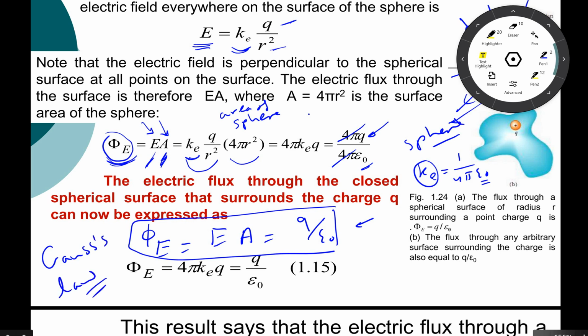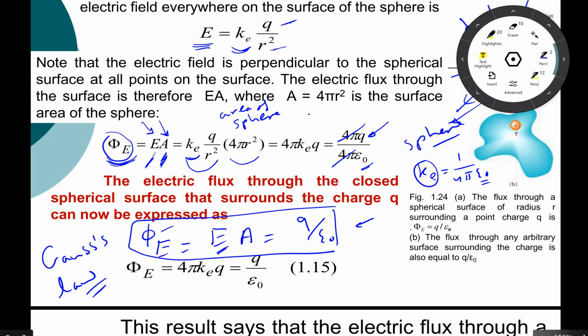Actually, Gauss's law summarizes the idea of Faraday. Faraday said the electric field can be explained by imaginary lines, but Gauss turned this idea into a law.